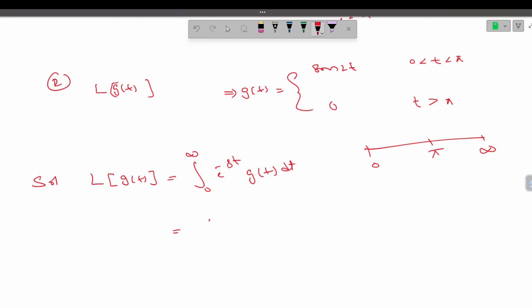That's why we call it a signum function, one function having two faces. So the integral from 0 to pi of e to the power of minus st g(t) dt plus the integral from pi to infinity of e to the power of minus st g(t) dt.